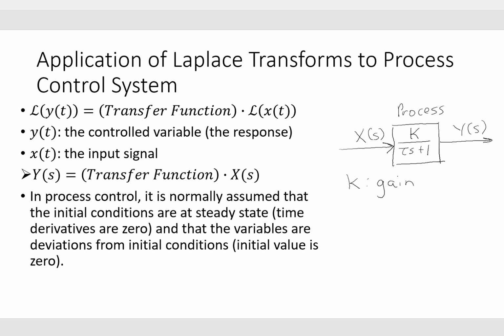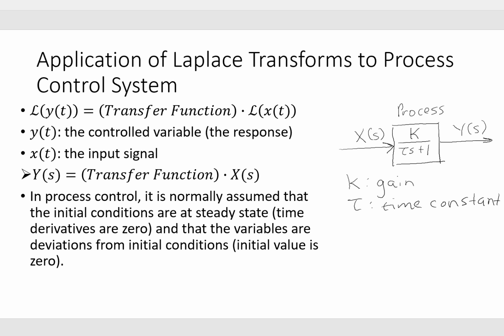So after a very long time, when there's a steady state achieved after some change in the input, K is the absolute ratio of output to input in the frequency domain. And here, tau is the time constant, which is a measure of the dynamics of this system. How fast does it change with some change in the input? Right, so we can look at that in the block diagram.